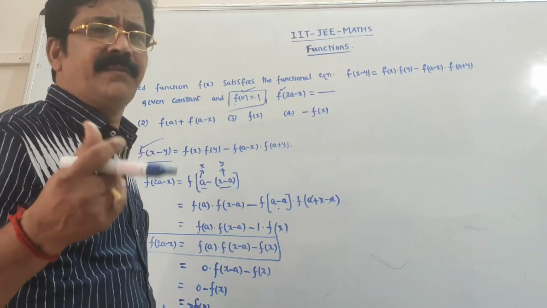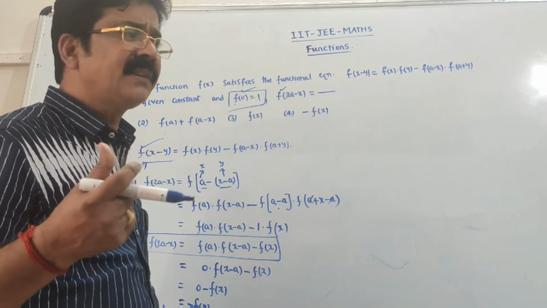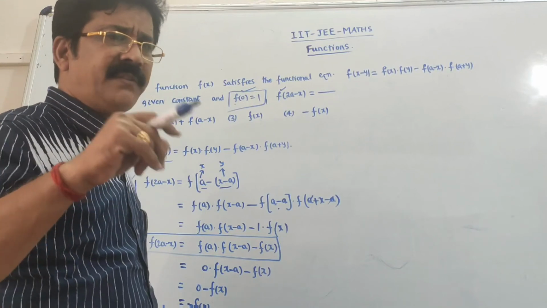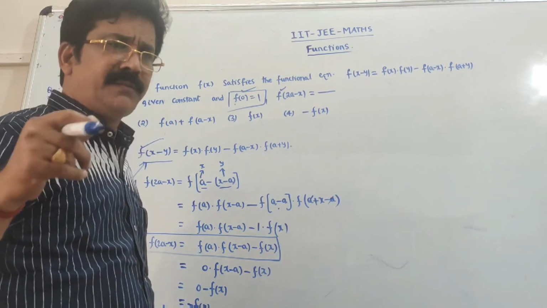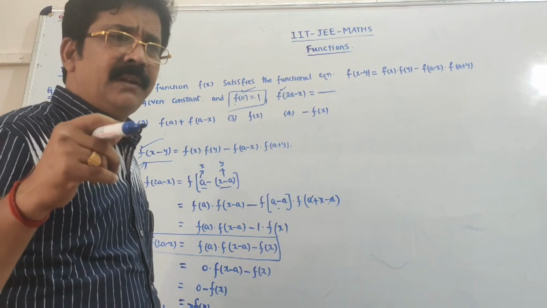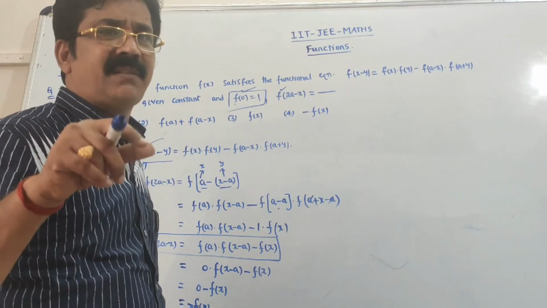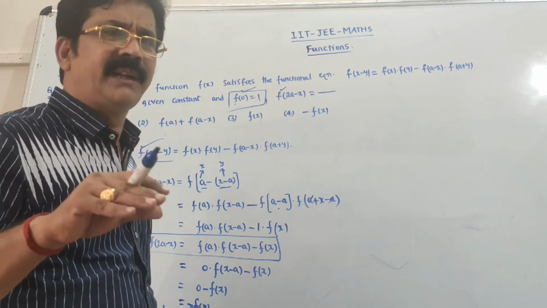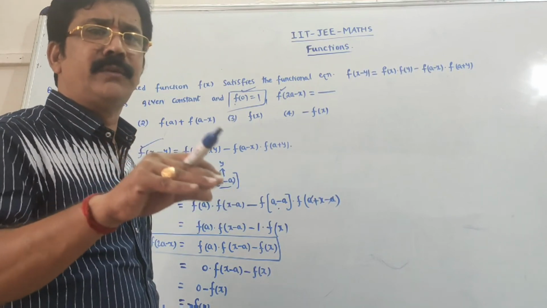Means nature of the functions. Nature of the function means is f one-one or onto or bijective, and in which interval it is true. This kind of questions are important for the academic year 2021.